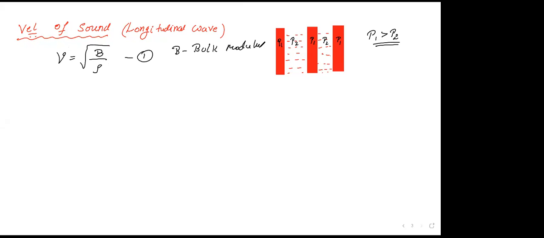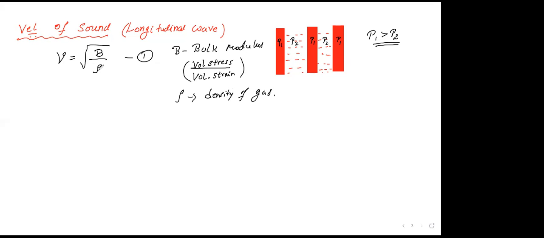It is a modulus related to volume stress divided by volume strain. It is basically related to change in volume. And rho is the density of the gas.